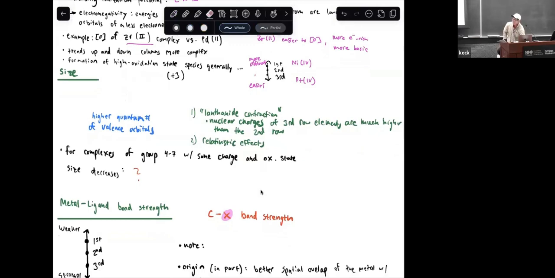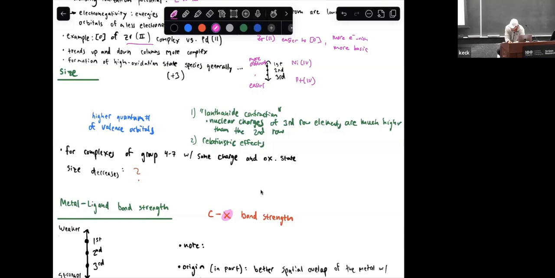Any questions on that? All right, now let's talk about atomic size. We're going to make comparisons first row, second row, third row. If it's easier for you, you can just stay within one column or stay within one group and ask, as I go down nickel, palladium, platinum, what is the trend that I observe in size?